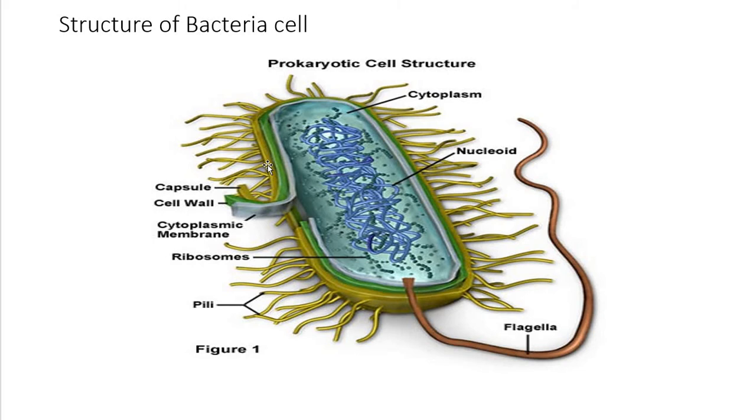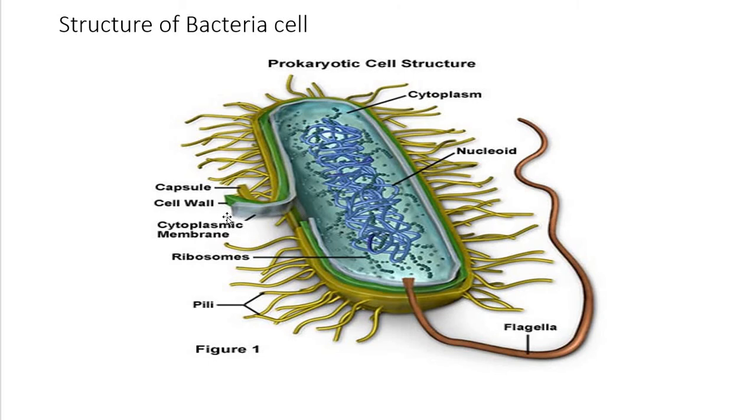Chemically, these are made up of polysaccharides, and in some bacteria polypeptides of one or two amino acids. This capsule is common in pathogenic bacteria. It protects the cell against temporary drying and destruction by phagocytic action of a host cell, and also protects the cell against the action of antibacterial agents.